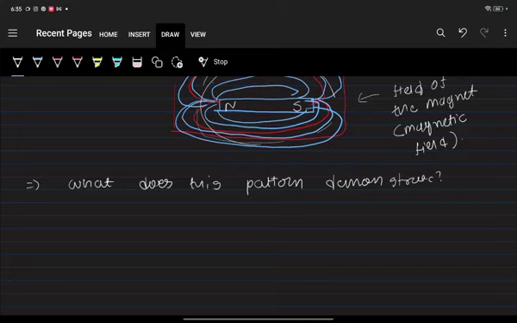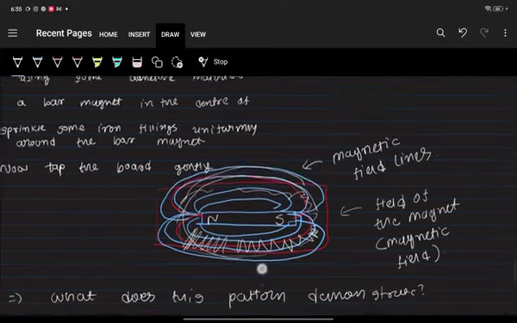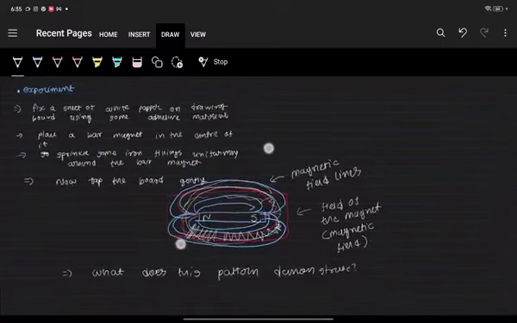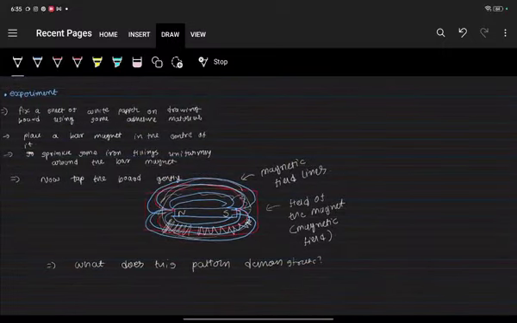This is the region where the magnetic field lines are. Therefore, the iron filings experience a force, the force surrounding a magnet. First of all, write all this down and we'll discuss further.